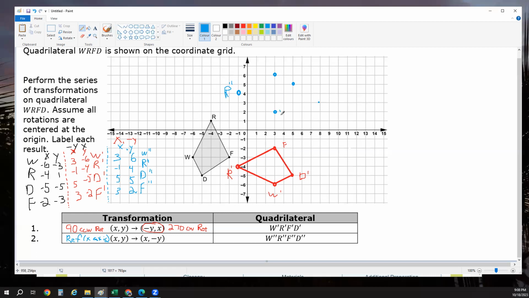This one was F double prime. This should have been single prime. This was D double prime. This one is W double prime. And I'm going to go ahead and connect the dots now with the straight line maker.